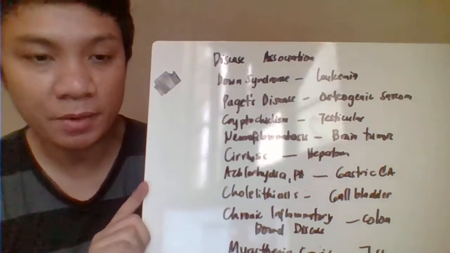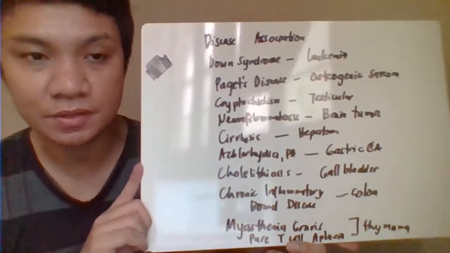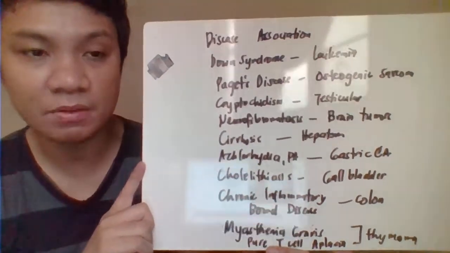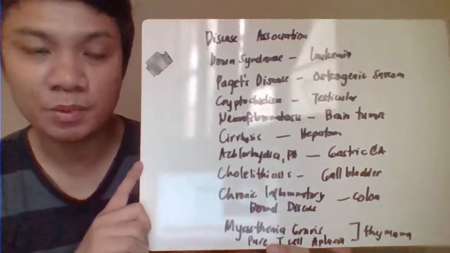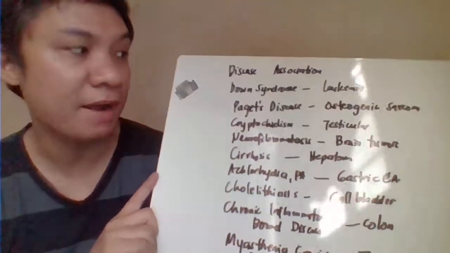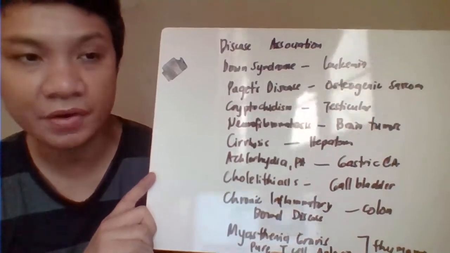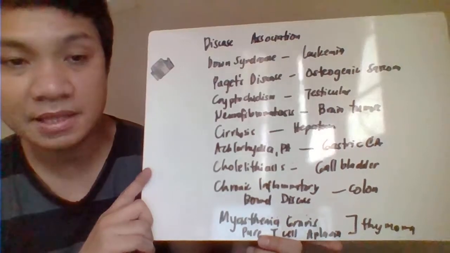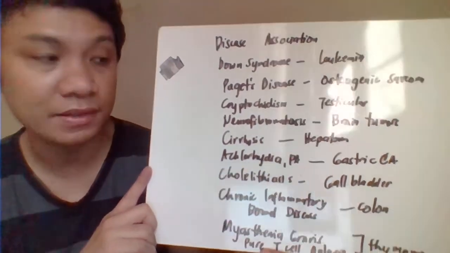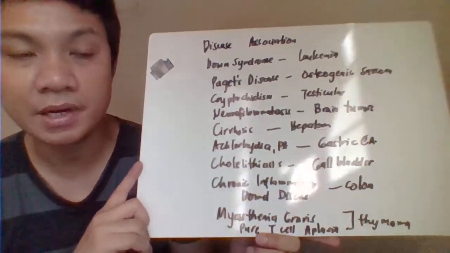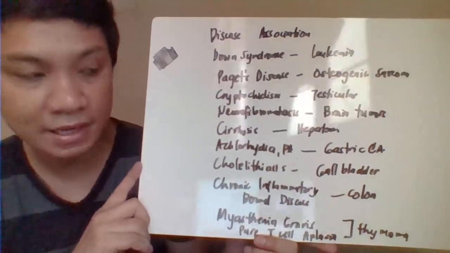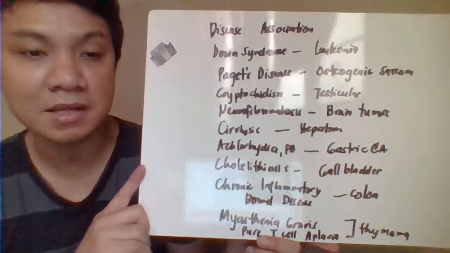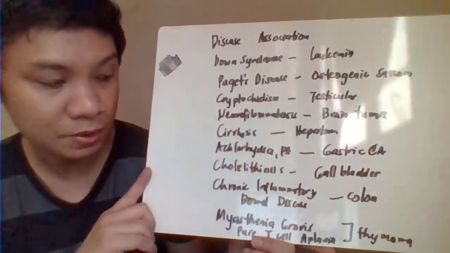Okay, another one, we have also here the disease association. So some of cancers are also associated with different diseases. So example for that, we have here your Down syndrome would predispose someone to develop here leukemia. We have also here your Paget's disease for the bone disease, osteogenic sarcoma, cryptorchidism will be related to your testicular cancer, neurofibromatosis related to your brain tumor, cirrhosis with the liver, pernicious anemia, that would be related to your gastric cancer.